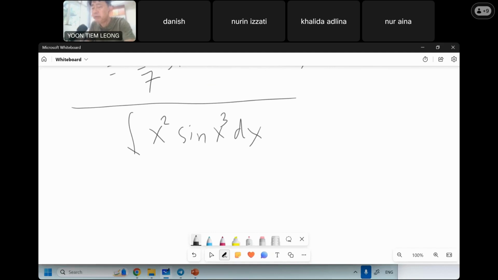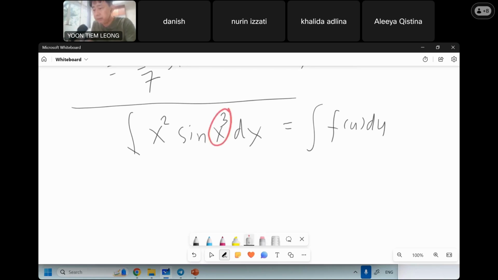To perform this type of integration, we use the substitution rule. You try to convert this into the form of f of u du, where f of u is a composite function of u. So the trick here is to be able to find the right substitution for the function u.